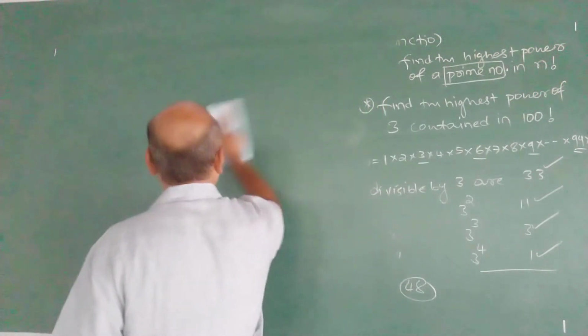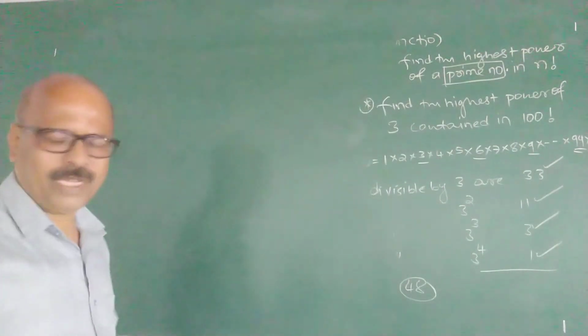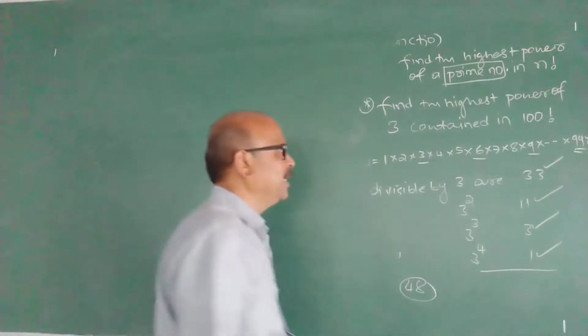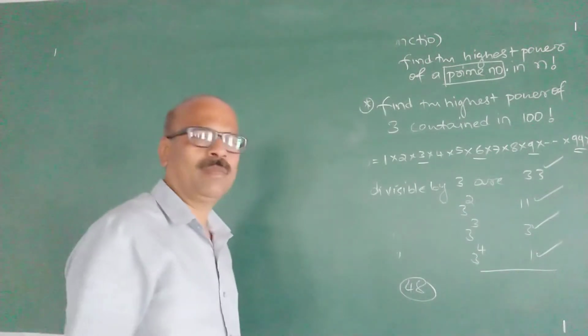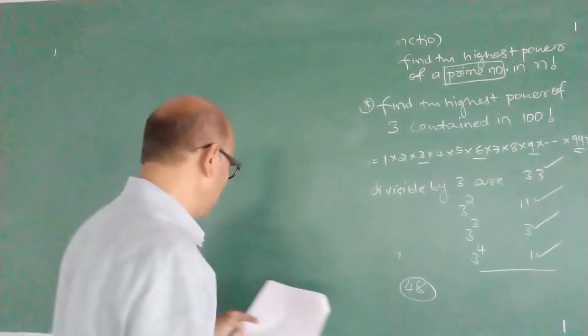Now we have a formula for this. Actually, I have taken the problem and explained, but you need not solve the problem like this. We have a formula for this.